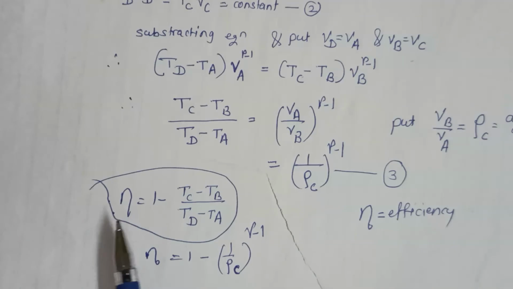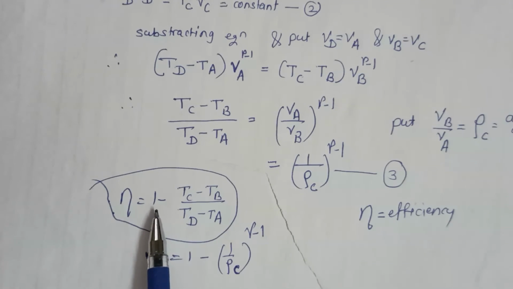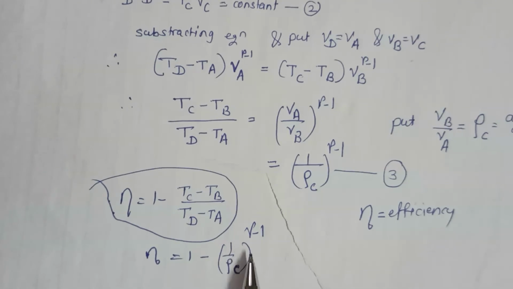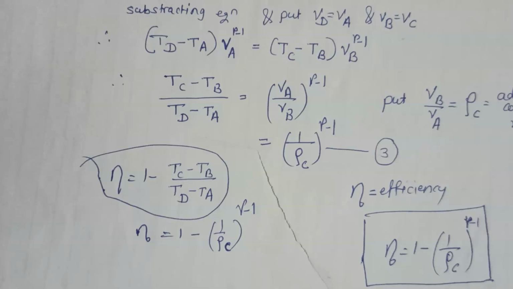We know that efficiency eta is equal to 1 minus (TC minus TB) divided by (TD minus TA). Put this value in this equation, then we get efficiency eta is equal to 1 minus (1 upon rho C) raised to gamma minus 1.